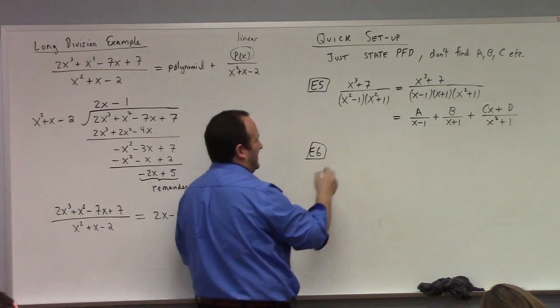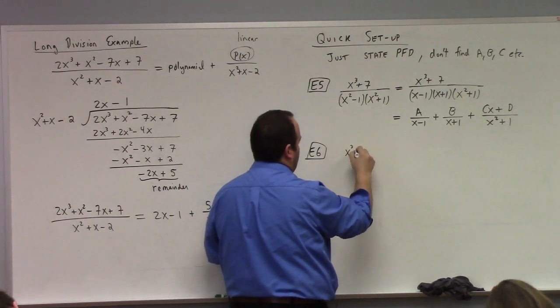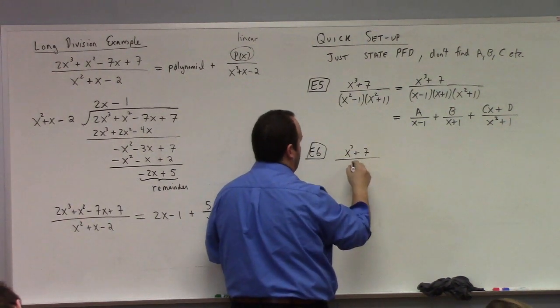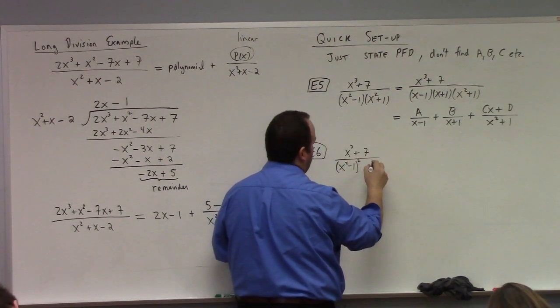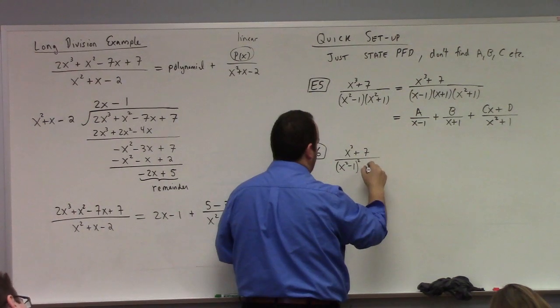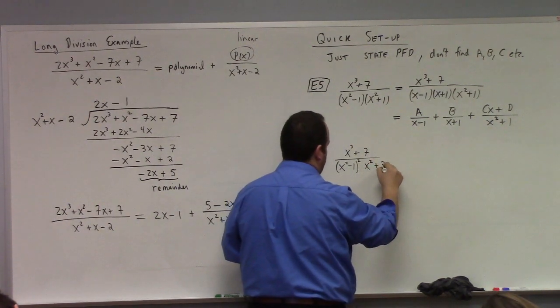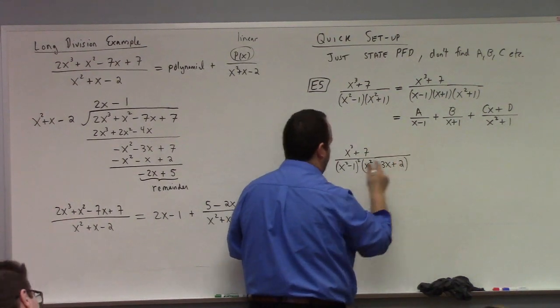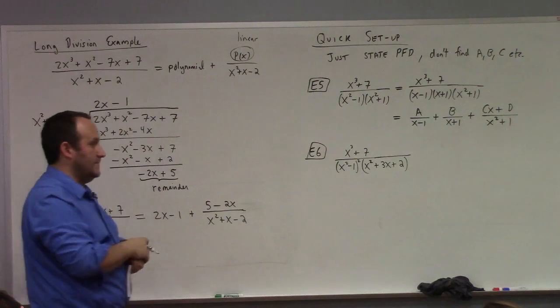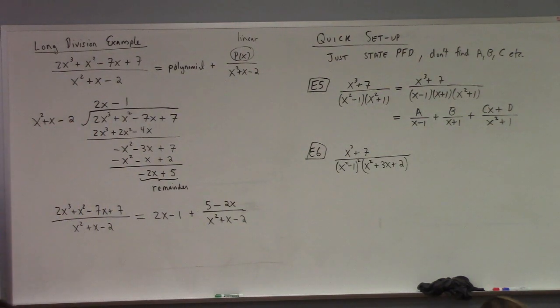If you had something like x cubed plus 7 over x squared minus 1 squared times x squared plus 3x plus 2, the first order of business is to factor the denominator.